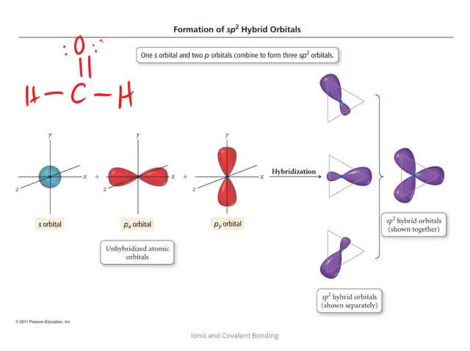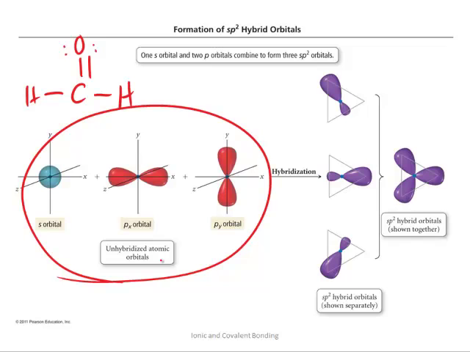Okay, if we draw that Lewis structure again, we've got 3 electron groups. That should give us a trigonal planar geometry. And when the sp2 hybridization occurs, we get 3 orbitals, and VSEPR theory predicts that they should be 120 degrees apart, and they do. But of course we have that 4th orbital, that unhybridized p orbital. How does that affect the geometry? Well, that overlaps in a different plane, so the overall geometry stays trigonal planar.